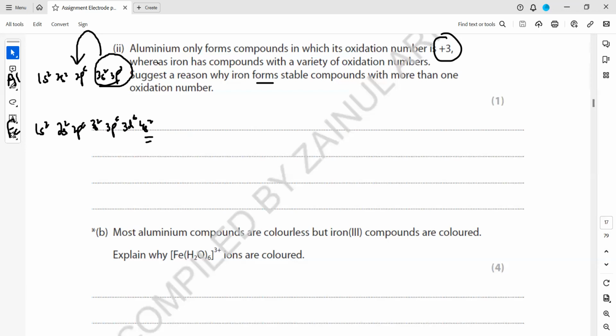When we remove the first two electrons, the third electron is removed from d orbital. The energy gap between the 4s and 3d is very small as compared to energy gap between 3s and 2p. So how we summarize this, you can mention the successive ionization energies for iron is comparable.